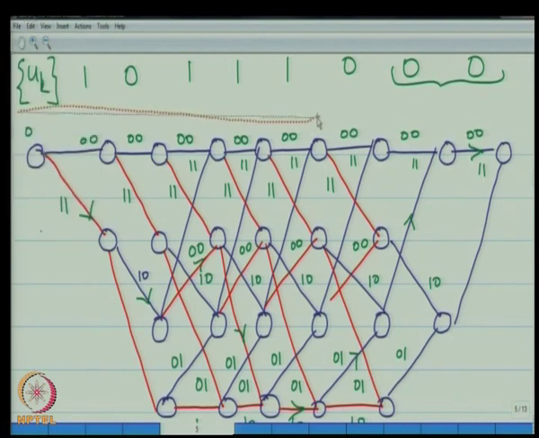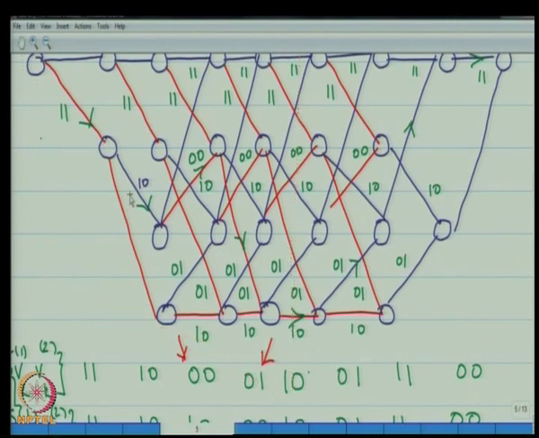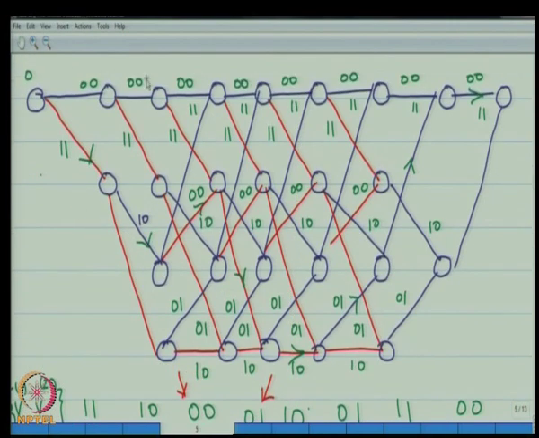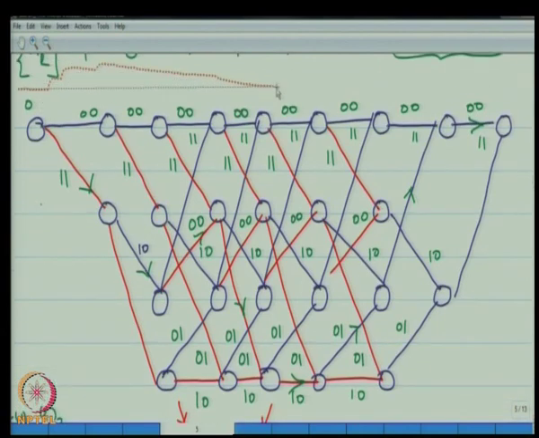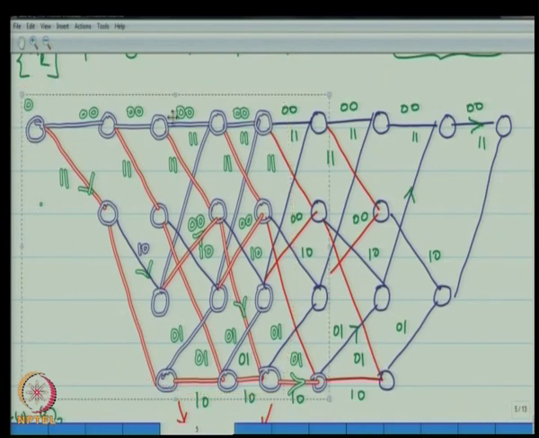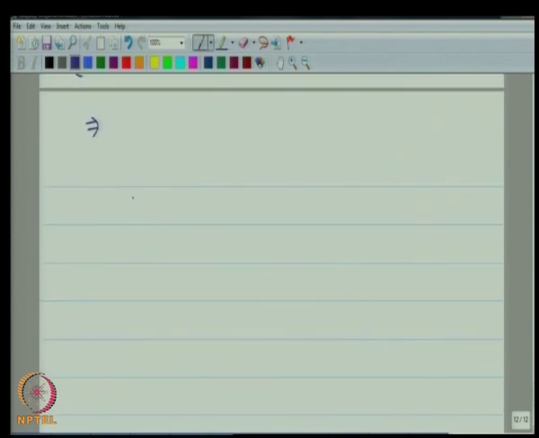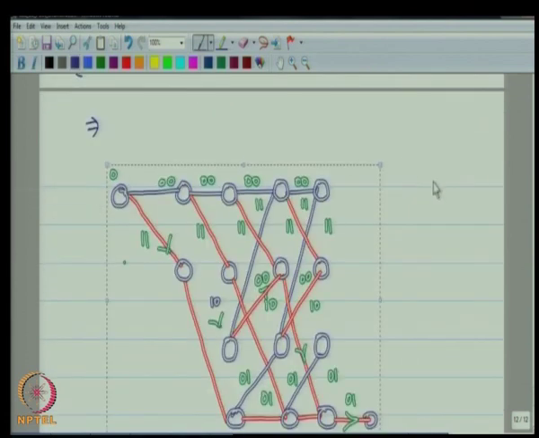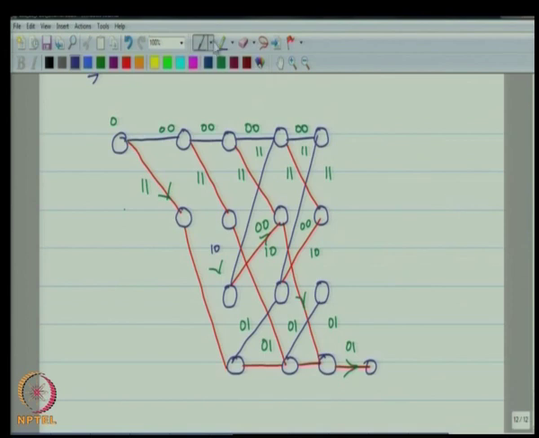So, I am going to take this part of the trellis, there we go, and paste it here, just for verification purposes. So, let us get rid of some of the terms that we do not need here. We only want 1, 2, 3, 4.